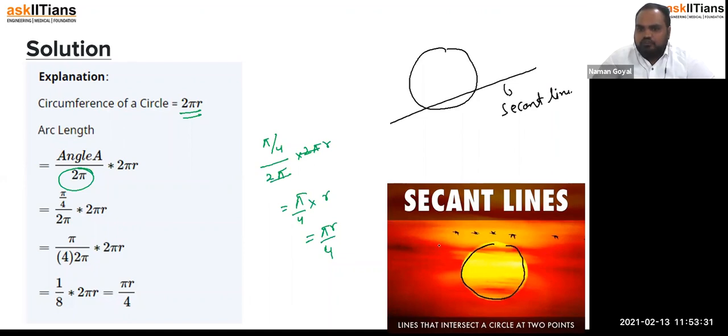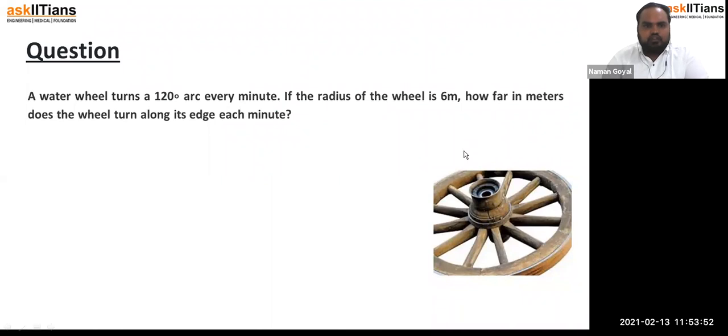Now these clouds behave like secants. So a line that intersects a circle at two different points is known as a secant. Okay, are you getting my point?